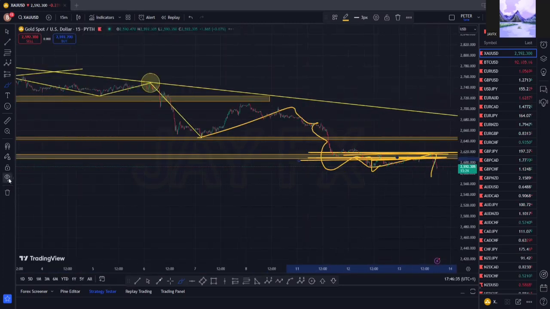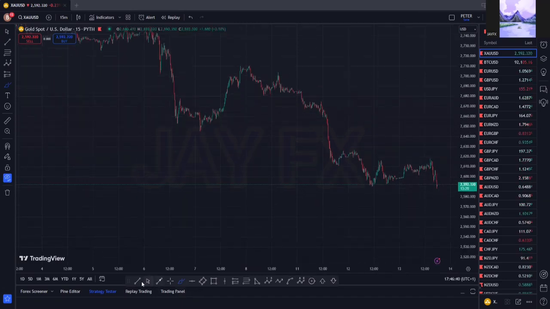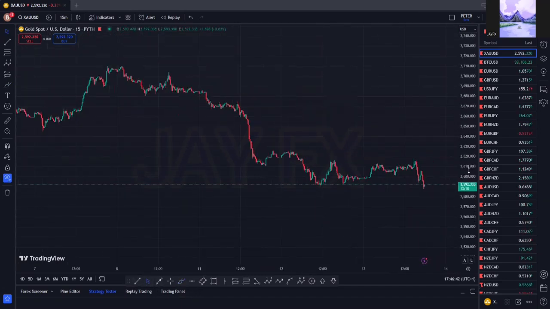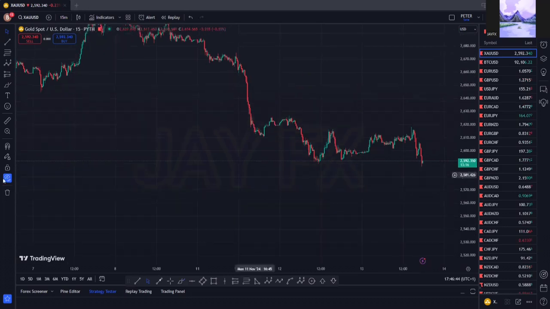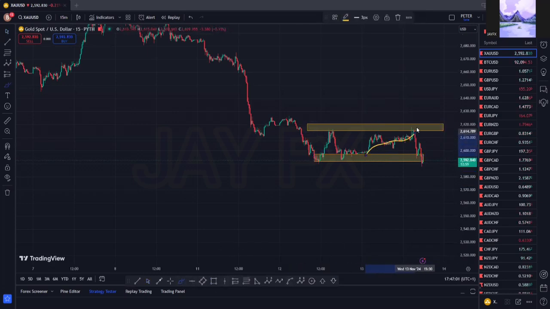Let me just hide this. Then let's see what happened after the market managed to break this. So this was our, yeah, the market was doing a pullback to retest this.